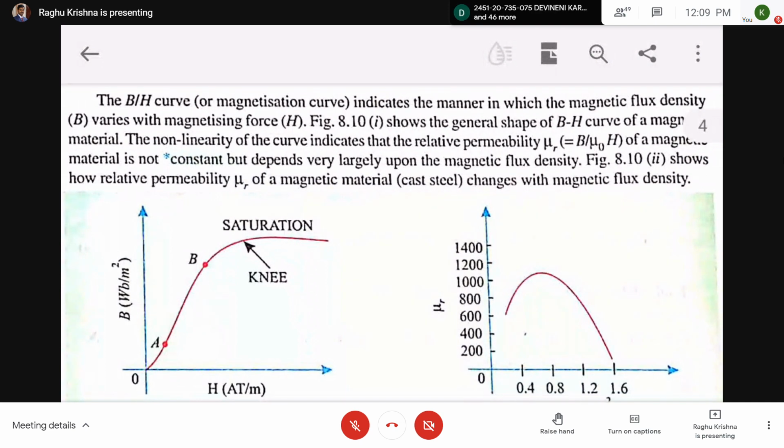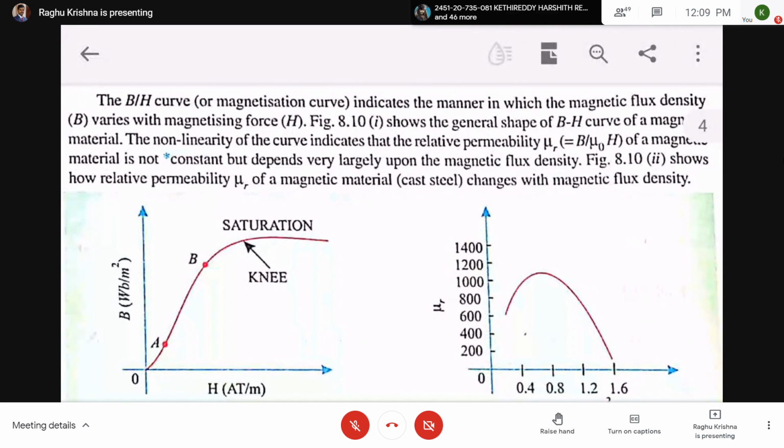That is due to saturation. Here the magnetic material cannot pass the flux above that value. That is due to saturation of the core. The core gets saturated and the flux density will be constant even if you increase the magnetizing force.